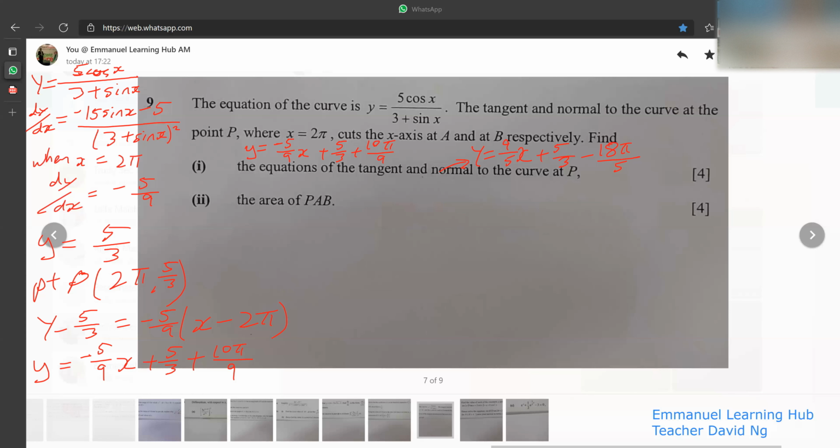Okay. Now you have this equation of the normal to the curve. Then after that, the area of PAB. So 2 pi minus 3 is here.